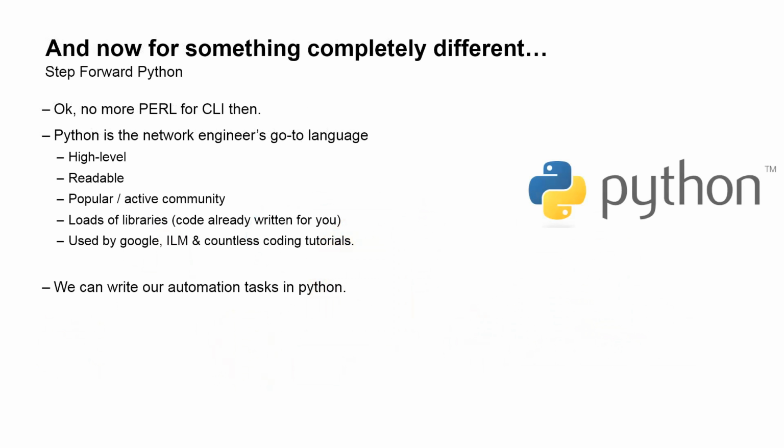So here are some of the reasons why it is popular. It's a great language. It's high level, it's readable, very popular. Now, this is a really key point here, the fact that it's popular. So it has an active community. With software development, when you're looking at something new, it's actually pretty good to be doing something that everybody else is doing, because then you get a community.